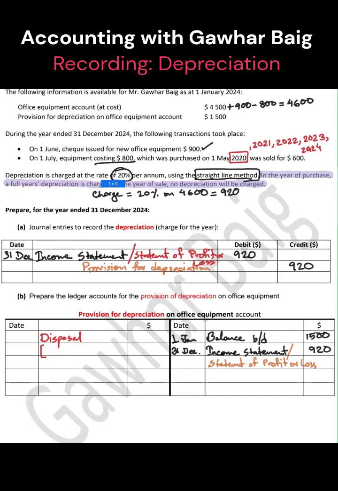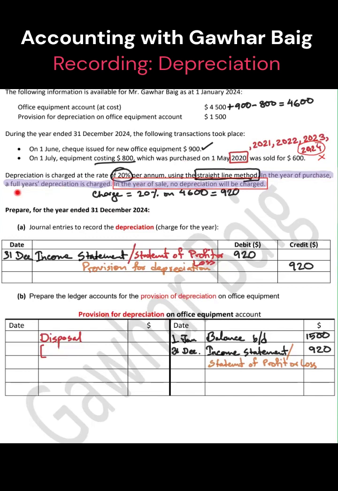According to policy, in the year of sale, no depreciation will be charged. So we will not take 2024 in our calculation, due to this policy in the year of sale, because we are in the year 31st December 2024. And as for the 1st of May 2020, since it's the year of purchase, we have a policy to depreciate it fully, for the full year.